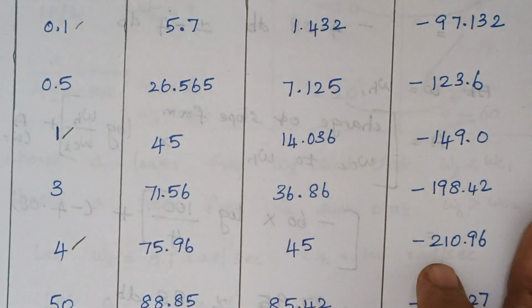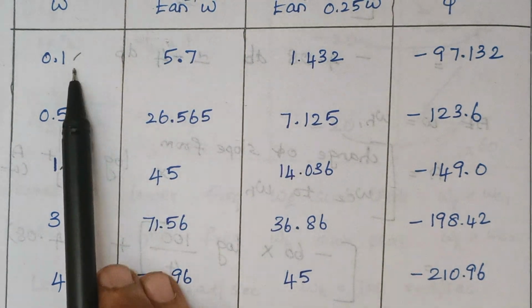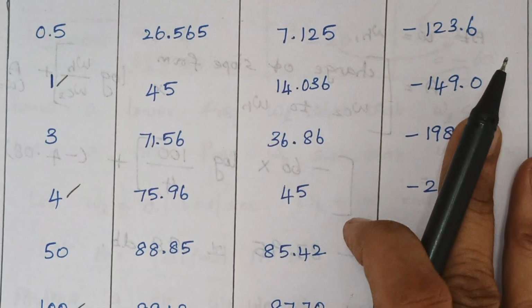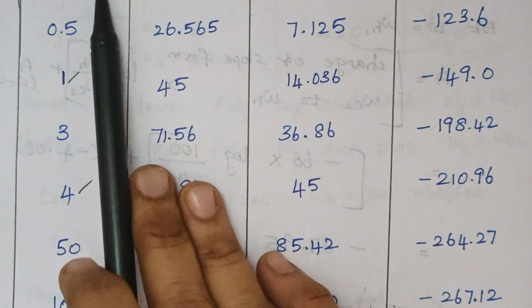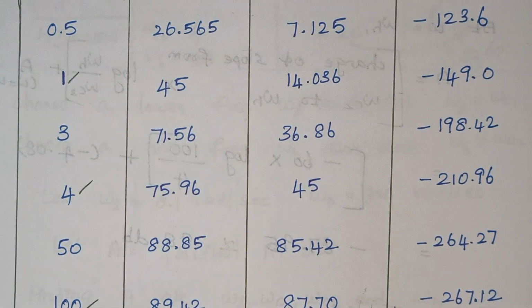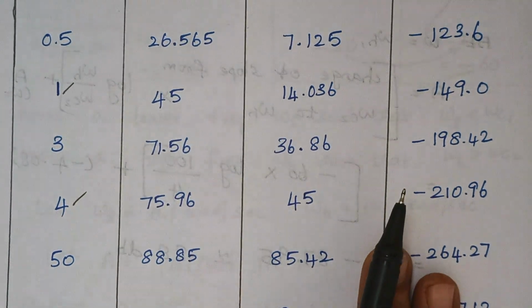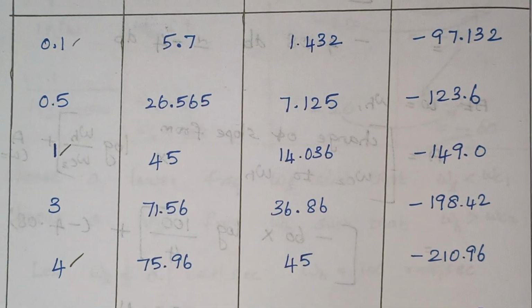So apart from these 4 values, you can include the middle ranges also, or even higher values. It is up to you. When you have a minimum of 7 to 8 values of frequencies here, you will be getting a more accurate phase plot. It will be very easy for you to draw.